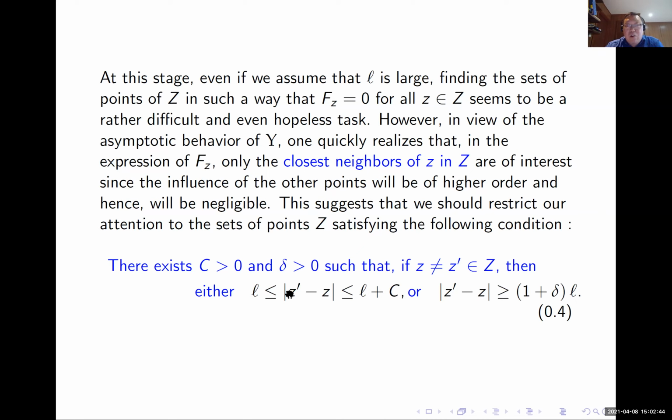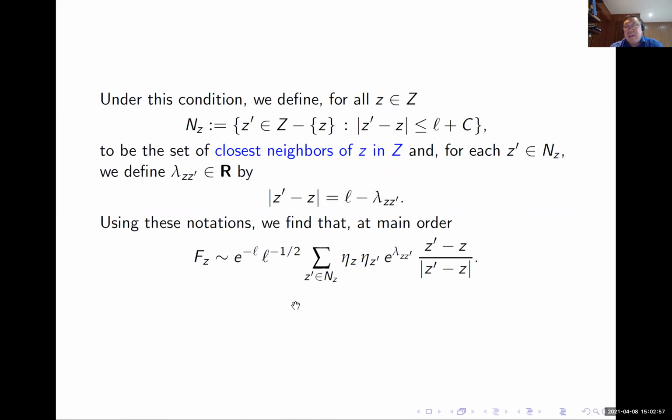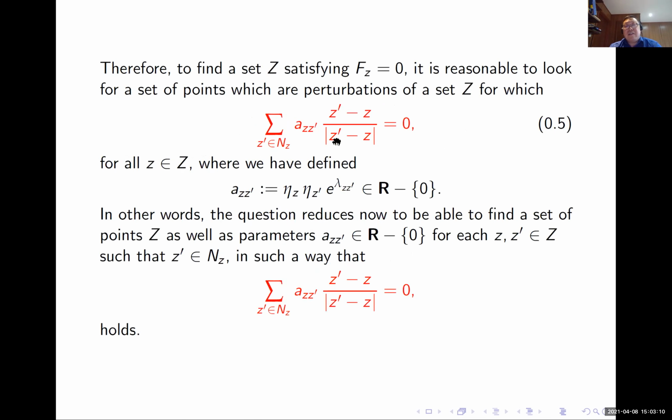So let's assume all the distances between neighboring points are of the same order, L. Then you do some small computation, look at all the neighborhoods, and compute the force. This is the condition you get. At each point, you look at the neighborhood, and each point gives you a force, which they call eta.